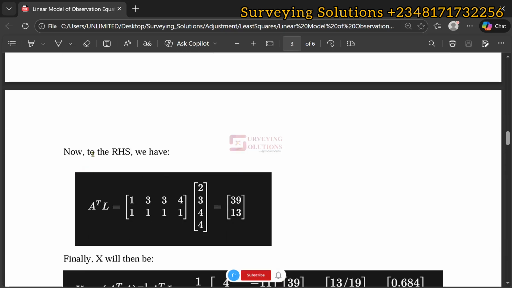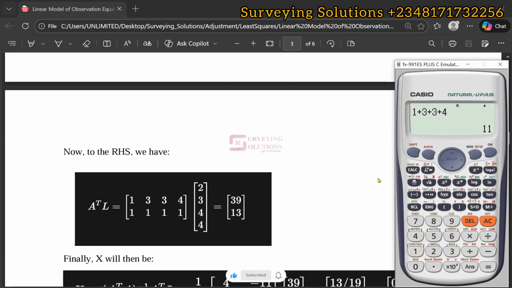To the right hand side, we now have A transpose L. We have gotten the transpose of A, and we also know L. Right, good. So how does that go? It simply means 1 times 2 plus 3 times 3 plus 3 times 4 plus 4 times 4. So we have 1 times 2, which is 2, plus 3 times 3, which is 9, plus 3 times 4, which is 12, plus 4 times 4, which is 16.